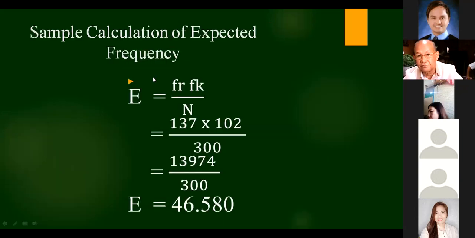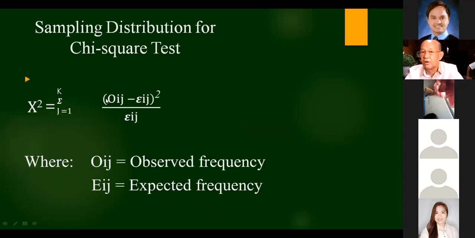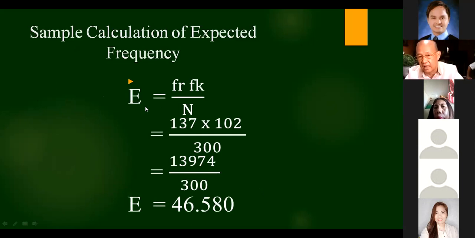Ito. Ayun. OI minus EI square over EI. Can you follow? Yes, sir. Okay. Give me feedback, no? If you want me to repeat, just say so. Or if it's not clear, I'll repeat.